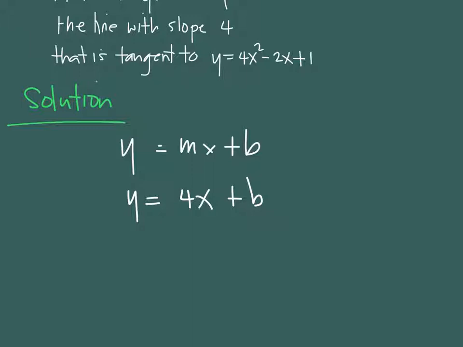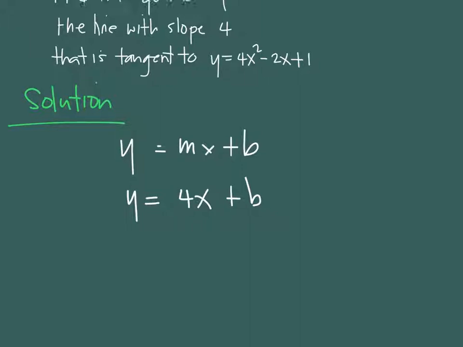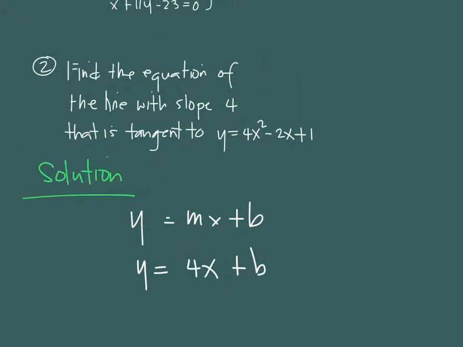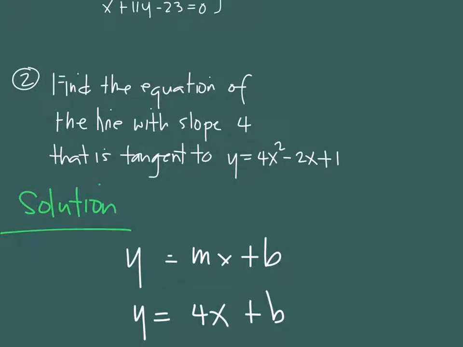And earlier, whenever we look for b, we need a point. That's the difference of this question to the first one. We don't have the point. We must look for that point, or we must look for an x and y. So how are we going to relate the information stated in the problem? The slope is 4. It is tangent to y equals 4x squared minus 2x plus 1.